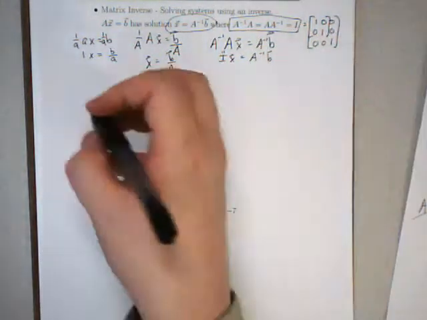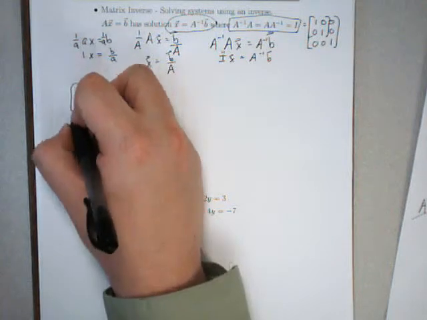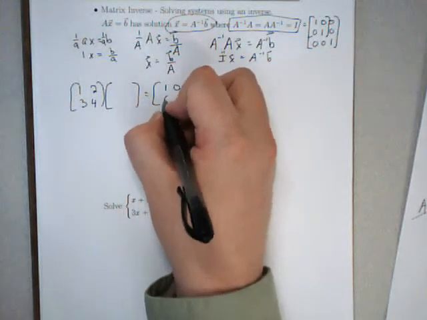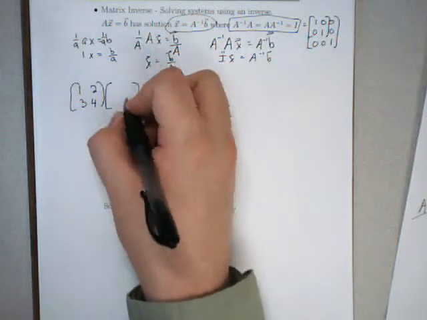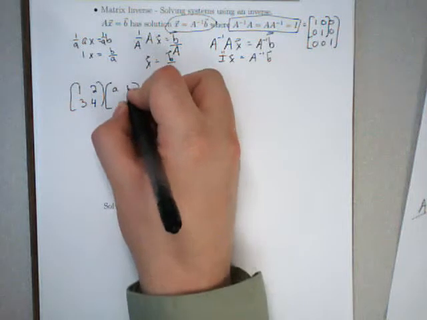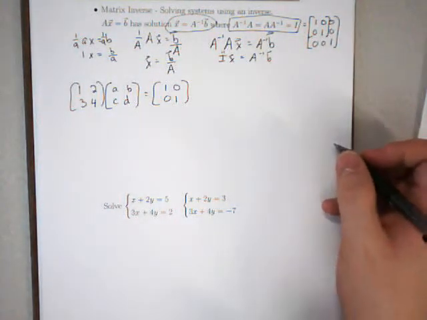Now, let's just start with a matrix. Suppose we have the matrix 1, 2, 3, 4. If I want to multiply it by something and get out the matrix 1, 0, 0, 1, then what needs to go in here? How about I put a, b, c, d in? Let's try to find out what those numbers ought to be.